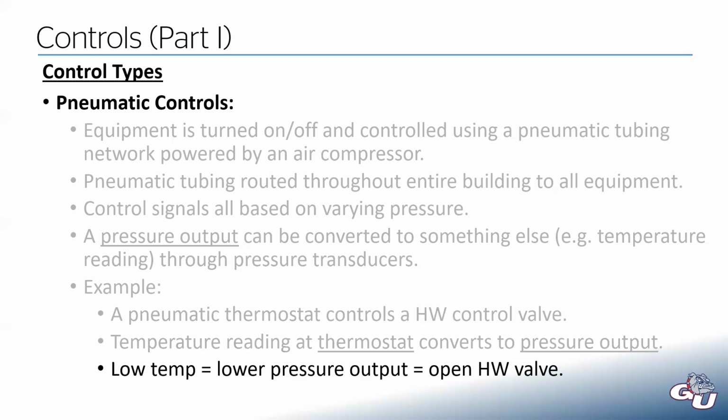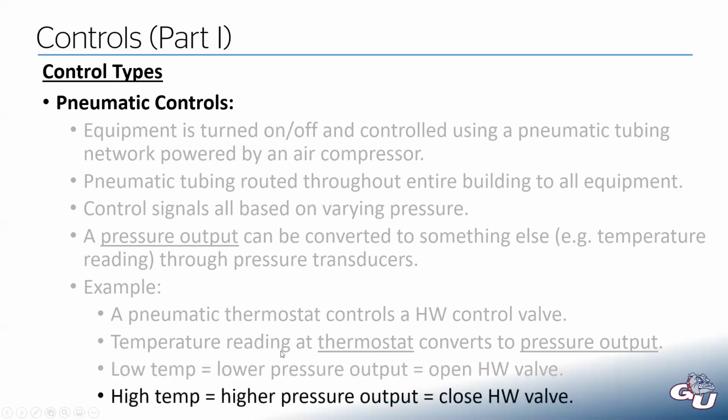And the hot water valve knows that means I need to open the valve more and get more heat. So ultimately, a low temperature means open the hot water valve, and it does that through this intermediate pressure output. And on the other side, if we have a higher temperature, that could produce a higher pressure output, which would then tell you to close your valve.